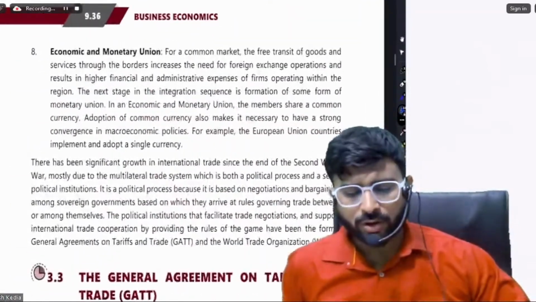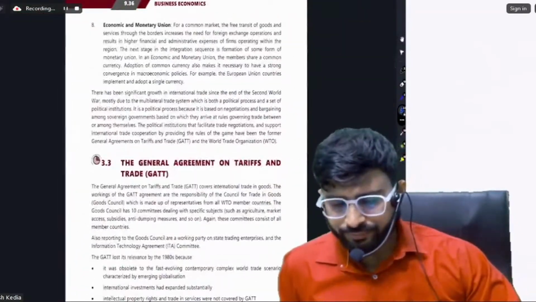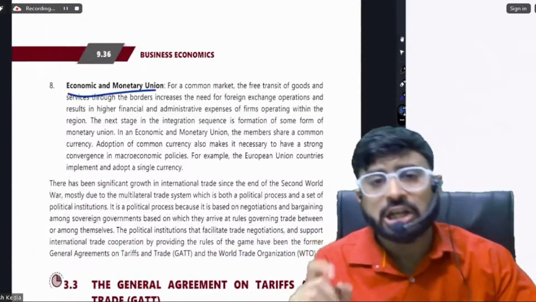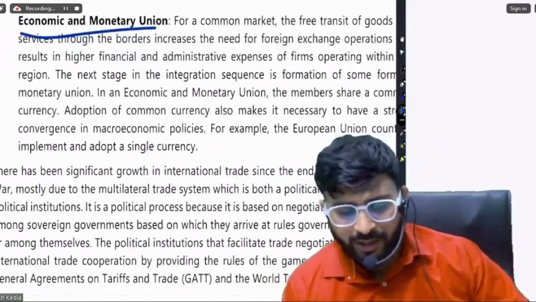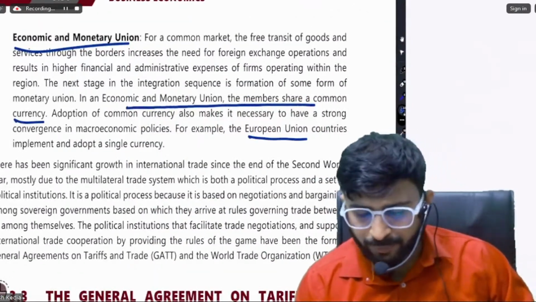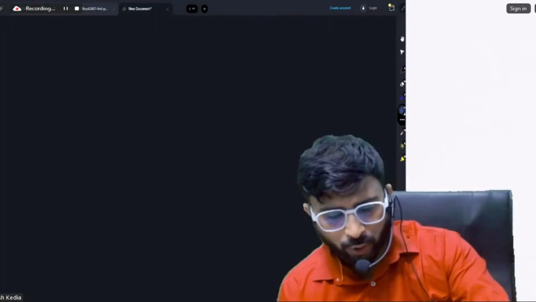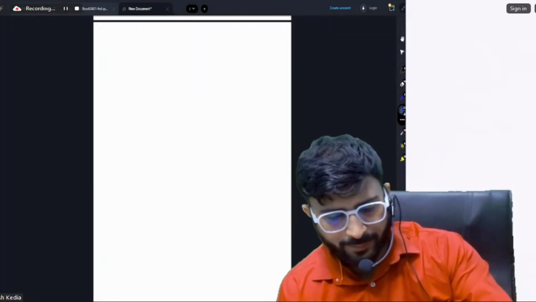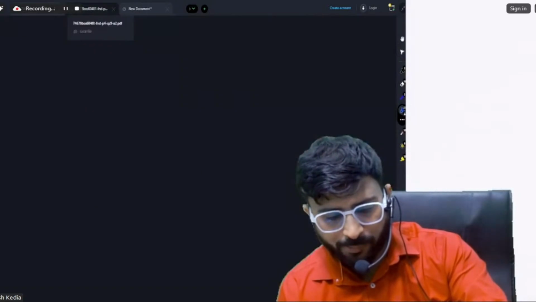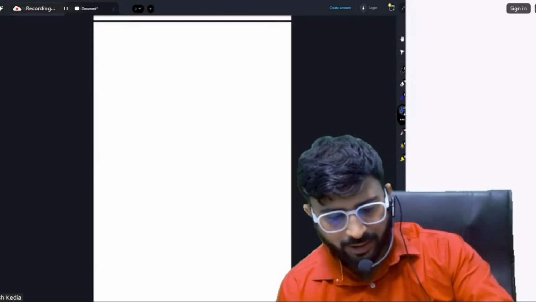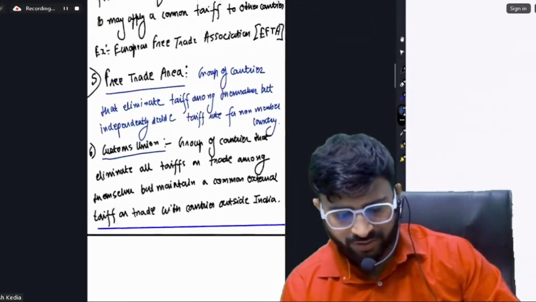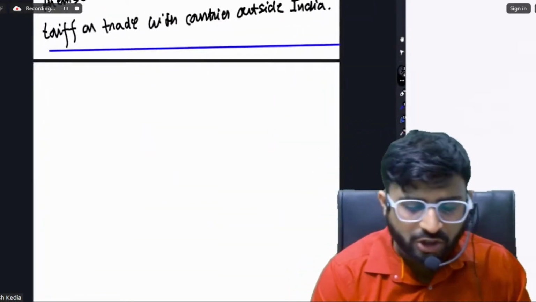Now let's talk about economic and monetary union. What is the characteristic of an economic and monetary union? The members share a common currency. For example, the European Union. I will write it down for you all. The seventh one is Economic and Monetary Union.